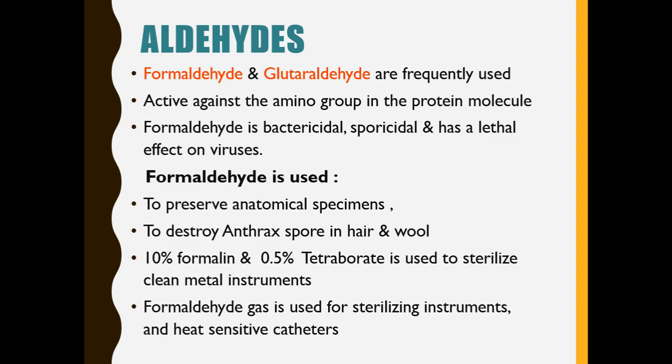Here a chemical agent may cause harm to the particular instrument or material we are sterilizing or disinfecting, but formaldehyde in the gas form is commonly used for instruments, and particularly heat sensitive catheters are subjected to treatment with formaldehyde in the gas form.